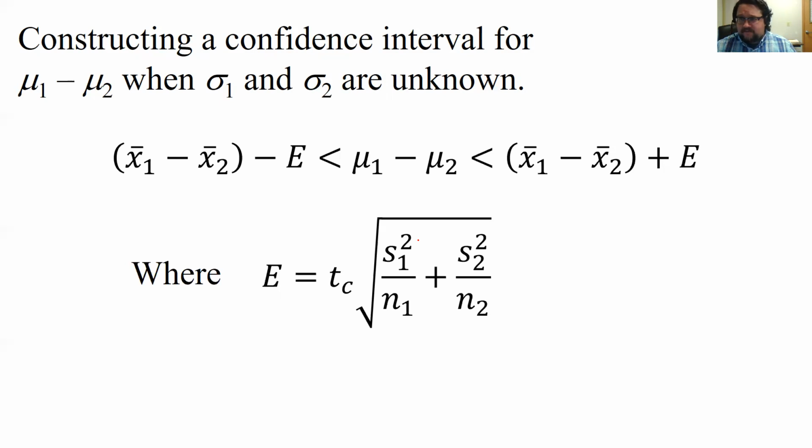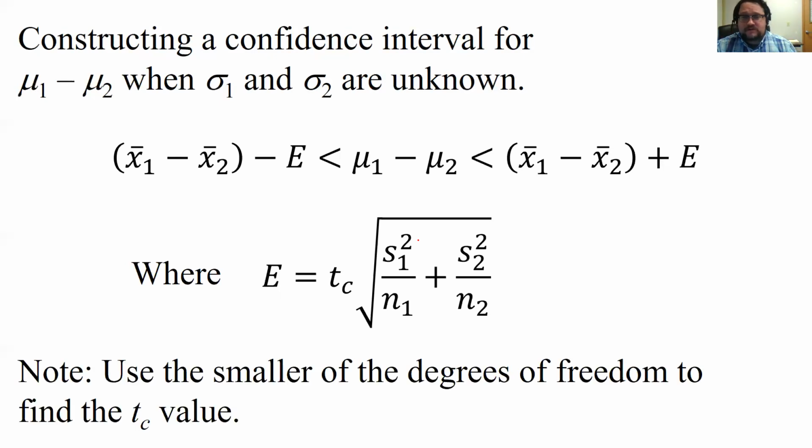You always play it safe. That's the goal. You always play it safe. So remember on that T chart, the fewer the degrees of freedom as you move up the chart, the larger the interval. And the larger the interval, the safer it is, because you're covering yourself with more possibilities. So we want to go with a smaller degree of freedom.